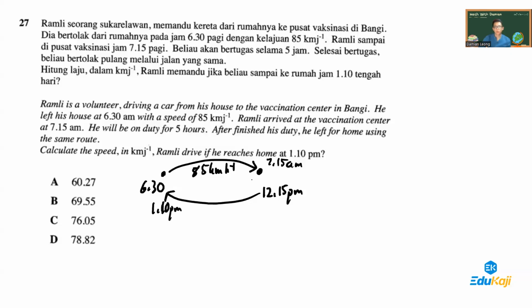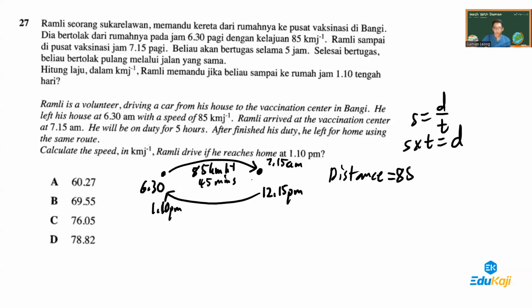So 6:30 to 7:15 is 45 minutes. With the speed and the time, I can find the distance. Speed equals distance over time, so distance is speed times time: 85 km per hour times 45 minutes. But this is hours and this is minutes, so I have to change to the same unit. To change minutes to hours, just divide by 60.